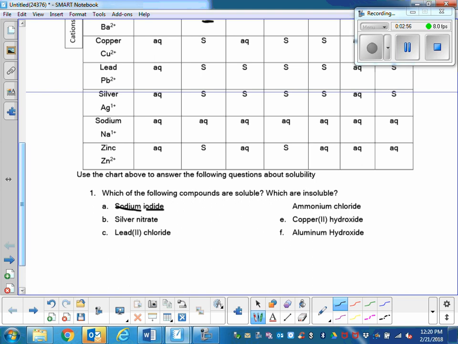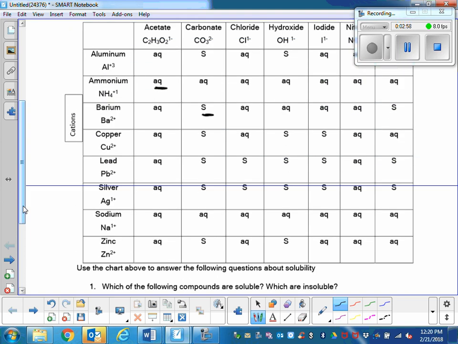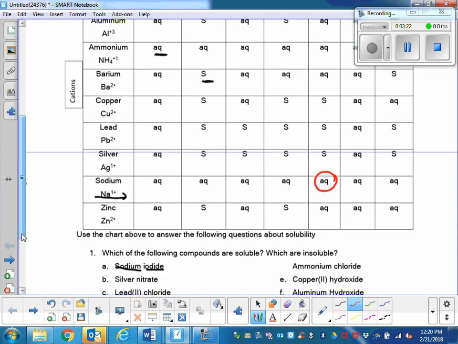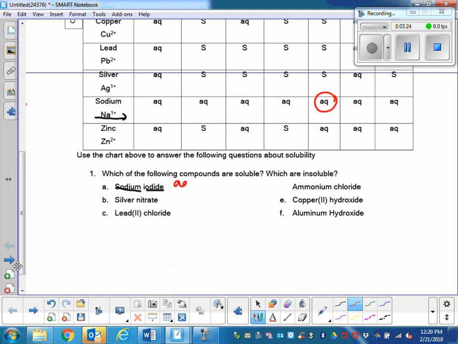Here is sodium. What is the second half? I. Where do these two meet? What does it say about this substance? It's aqueous, meaning it will dissolve and break apart. So that first substance is AQ.